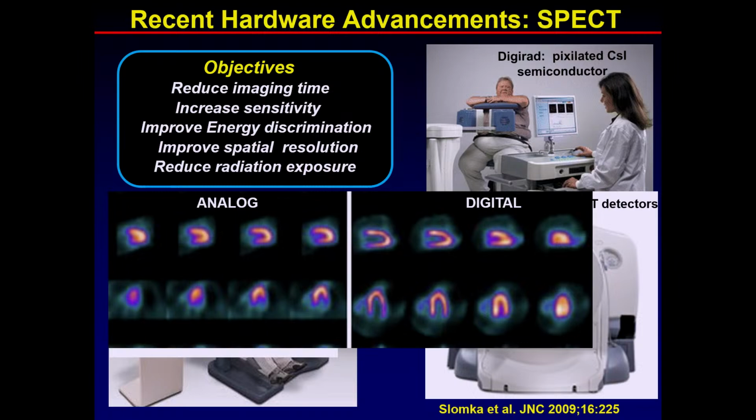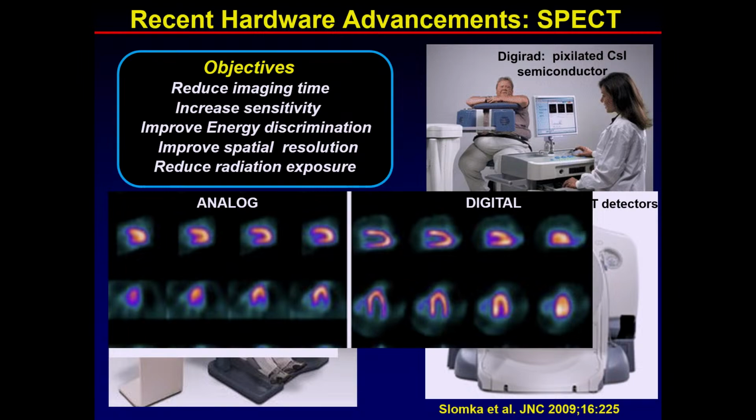The other thing that's nice about CZT cameras is because they have such high sensitivity in terms of being able to acquire counts at such a high rate, there's actually the opportunity, as in PET, to do absolute flow measurements at rest and during stress. And so a lot of what we do with PET now in terms of looking at myocardial flow reserve can also be done.